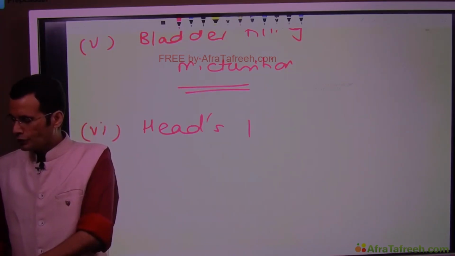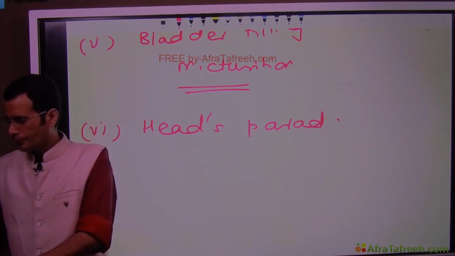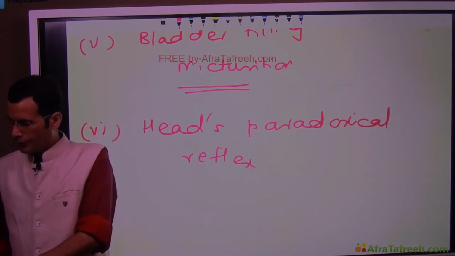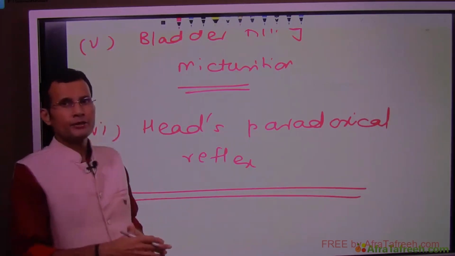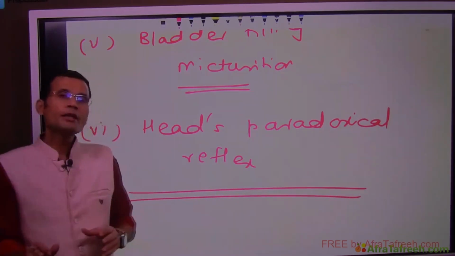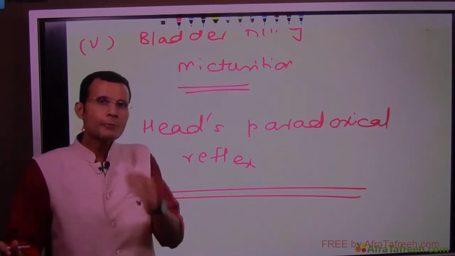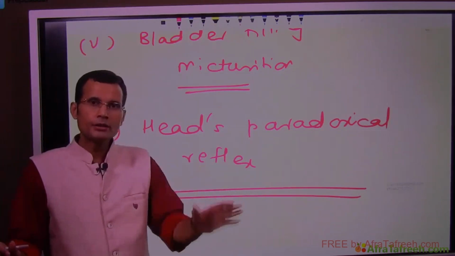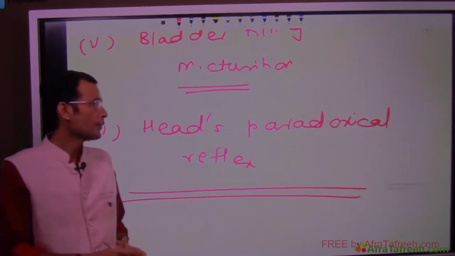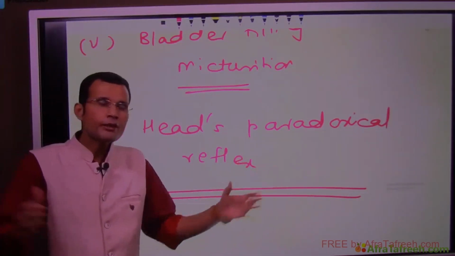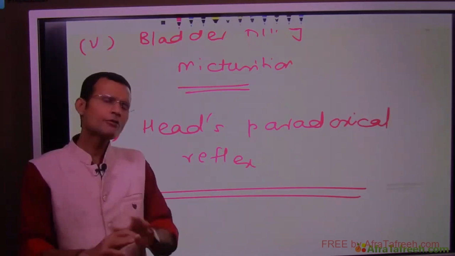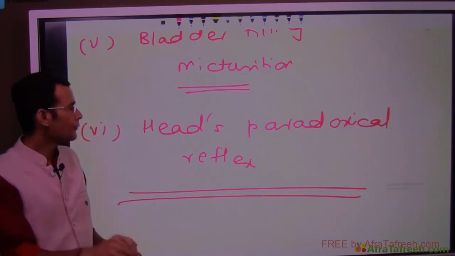Head's paradoxical reflex. Well, this is in the respiratory system. Normally we find that there is the Hering-Breuer reflex in the lungs and thoracic cage. That is, over distension of the lungs leads to deflation. So it's a negative feedback which is normally seen in adults.